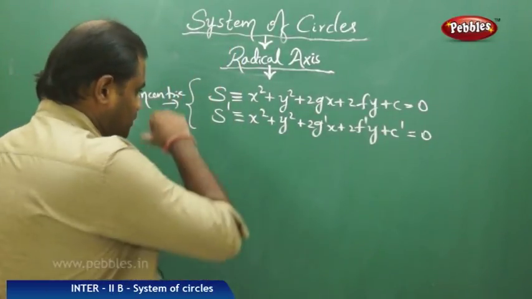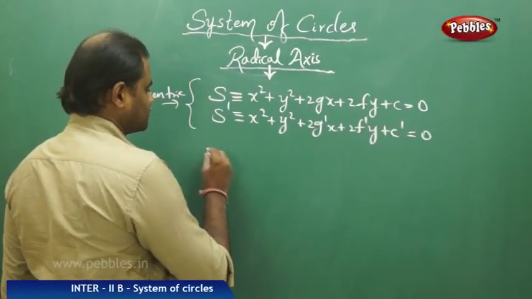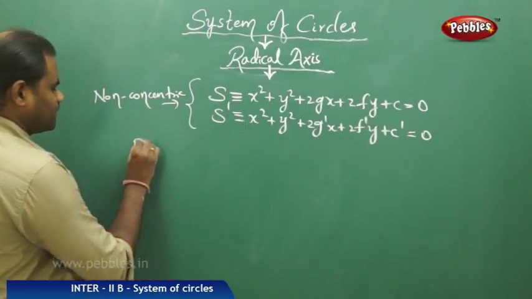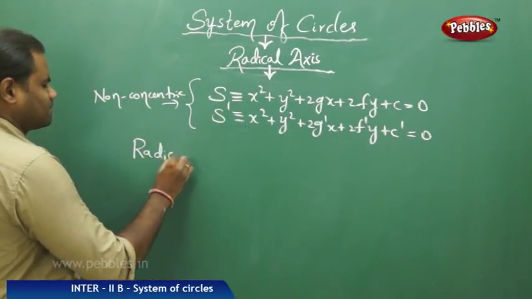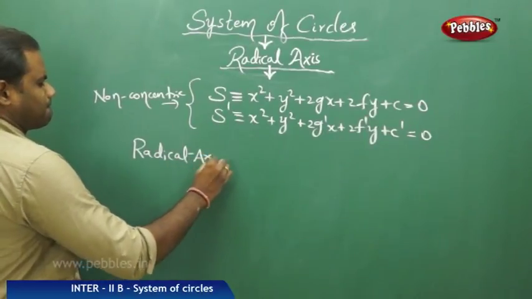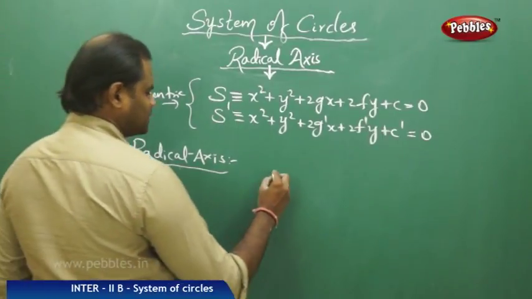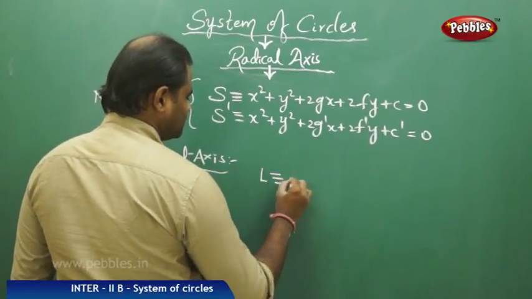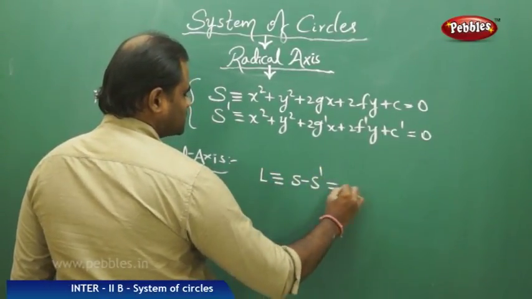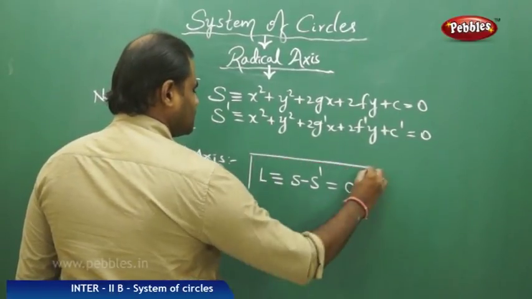For these two non-concentric circles, the radical axis is given by L, that is S minus S dash equal to 0.